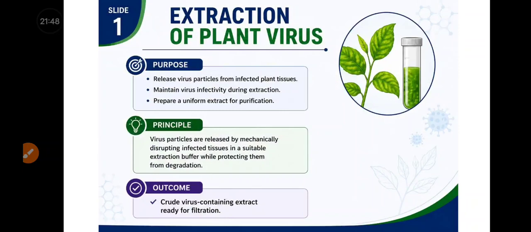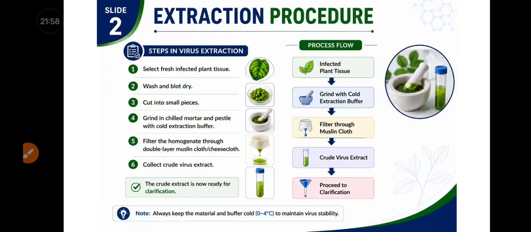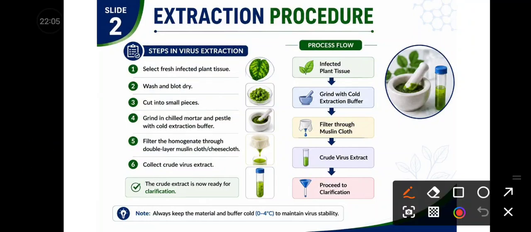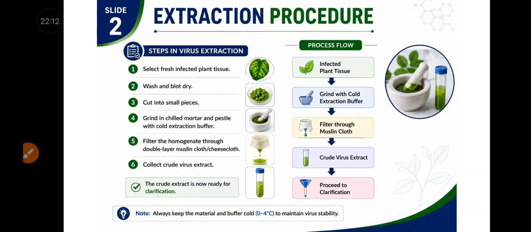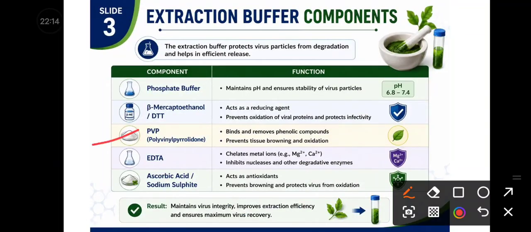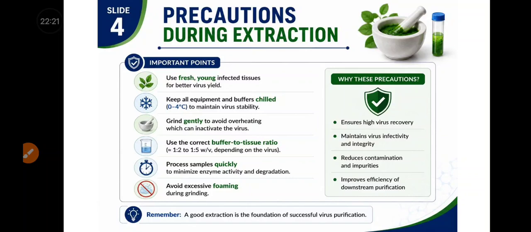So in this video we discussed only the virus extraction, why it is needed, what the steps are, the homogenization and the filtration to get the crude virus extract, and the chemicals used for virus extraction: phosphate buffer, beta mercaptoethanol, PVP, EDTA, ascorbic acid. These are very very important, remember this. And finally, the precautions during extraction.